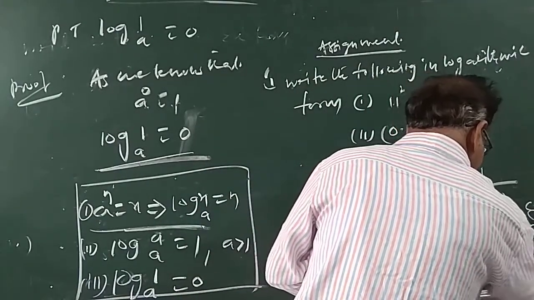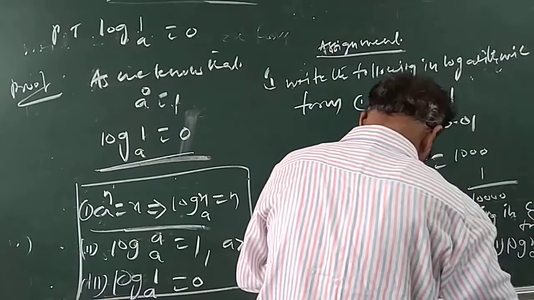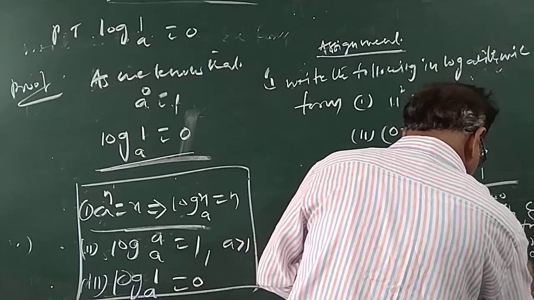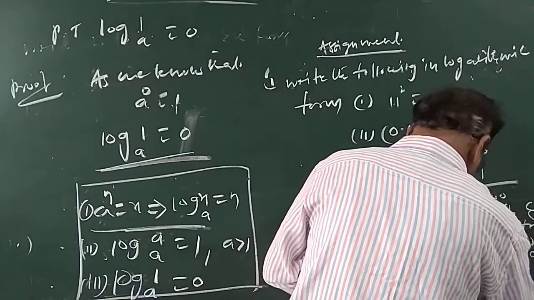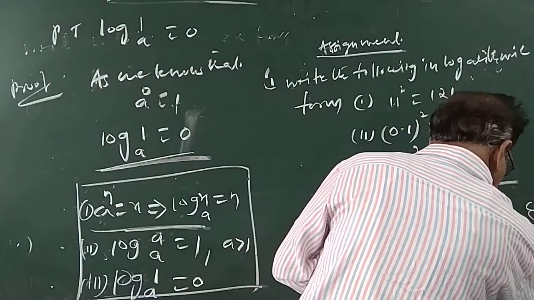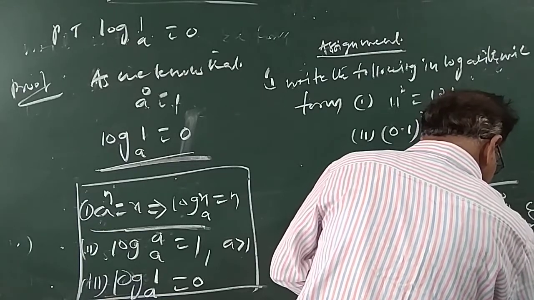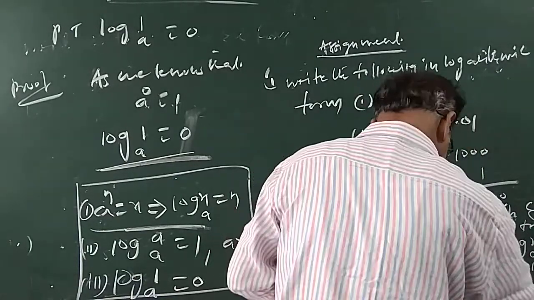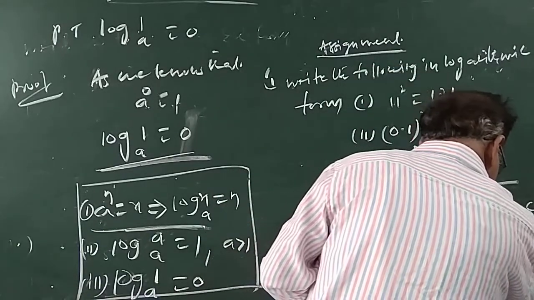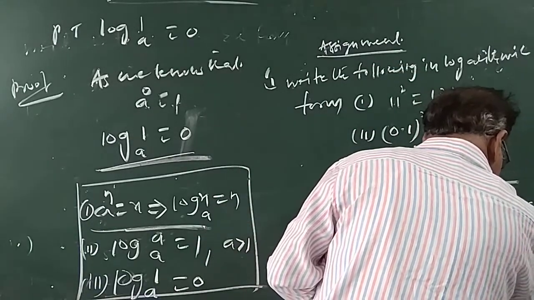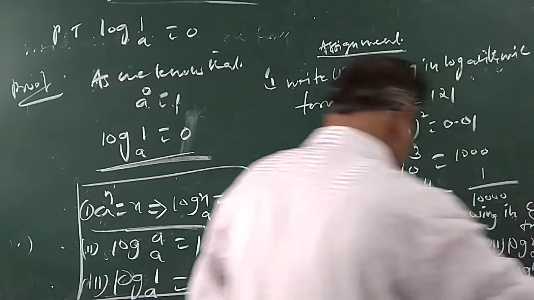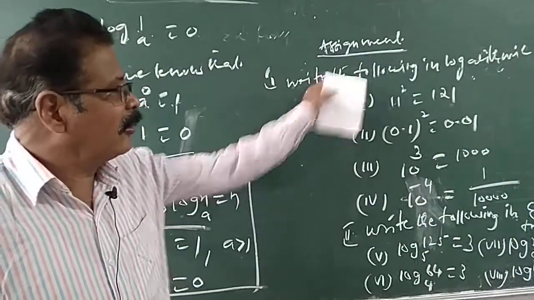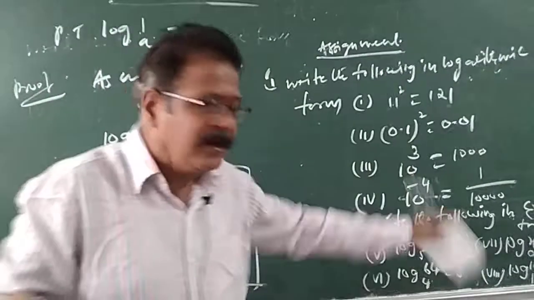Log x base a equal to b. Log 1000 base 10 equal to 3. So write these in the exponential form. Write the first one in the logarithmic form, second one write in the exponential form.